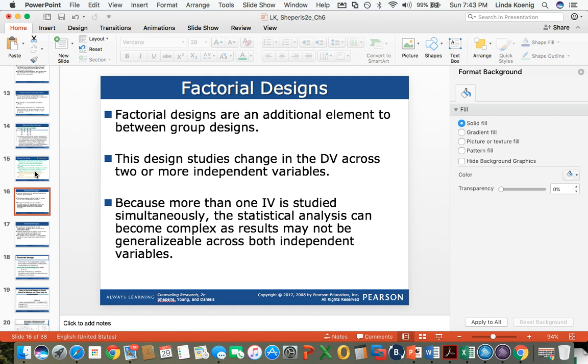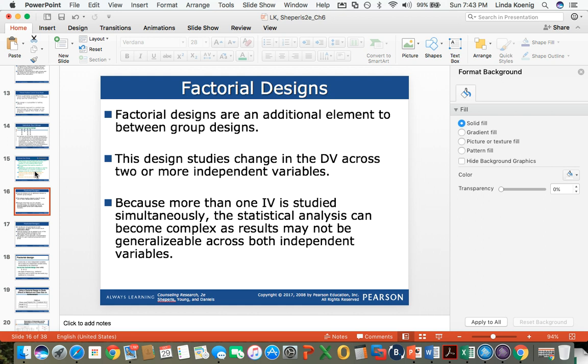So if we have two independent variables and a dependent variable, let's say we want to study the impact of smoking and weight on cancer or health, we could say the development of cancer, but let's say just health.